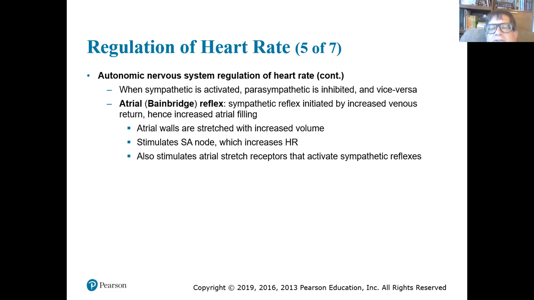When that happens, you're going to increase the venous return, increase the rate that the atria fill at. The atrial walls are stretched from the increased volume. That will stimulate the SA node, which increases the heart rate. It will also stimulate stretch receptors that activate sympathetic reflexes. One of the things that's not being mentioned here is what some of those reflexes are.